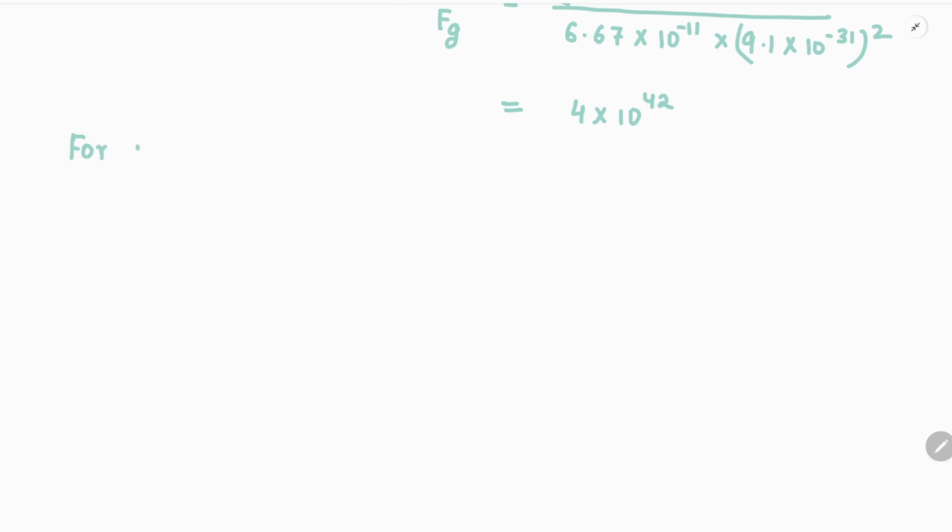Next, the problem is asking us to calculate the same interaction value for proton. So for proton, the value of electrostatic interaction we write as Fp. Fp can be written as 1 upon 4 pi epsilon naught. Now since proton has the same charge as that of electron, we write it as e square by r square.